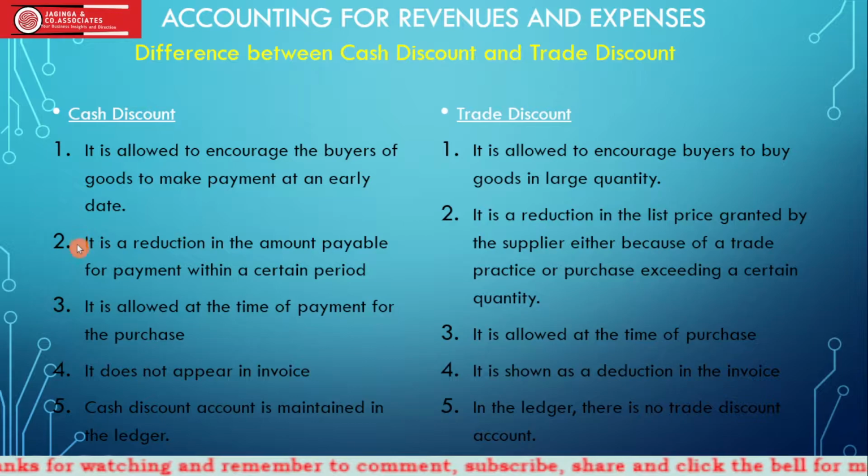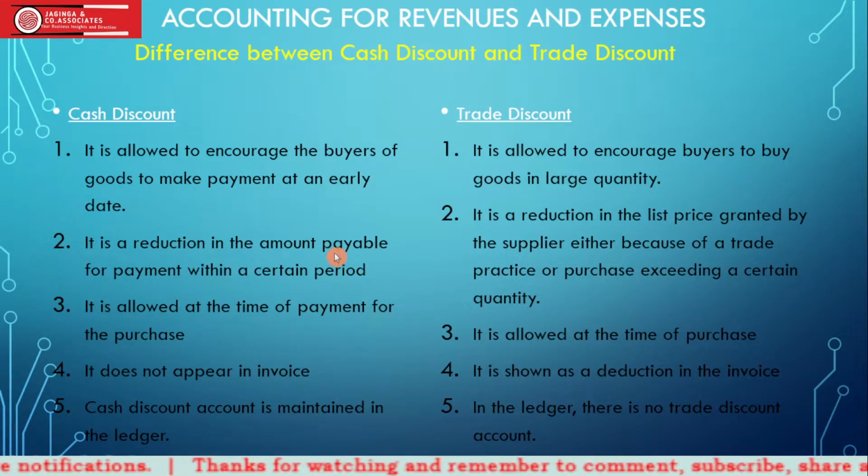And then the second one, cash discount is a reduction in the amount payable for payment within a certain period. So here we are telling the customer that instead of paying 100,000 after 30 days, when you come back and pay within 15 days, we'll give you a cash discount of this much.